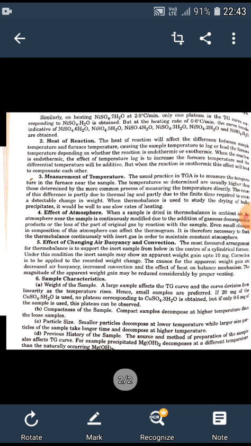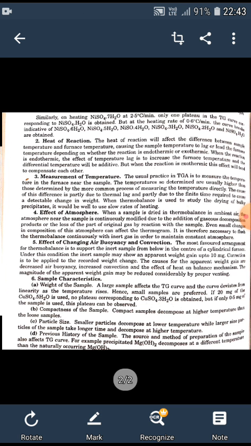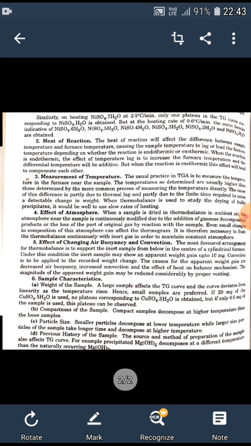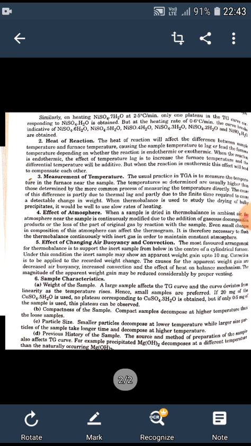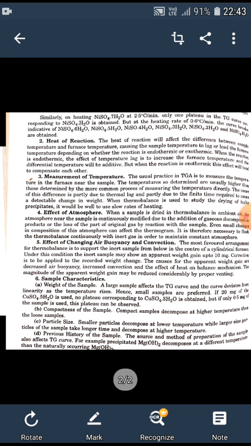Under this condition, the inert sample shows an apparent weight gain of up to 10 milligrams. Correction is applied to the recorded weight change. The causes for the apparent weight gain are decreased air buoyancy, increased convection, and the effect of heat on balance mechanism. The magnitude of the apparent weight gain is reduced considerably by proper venting.